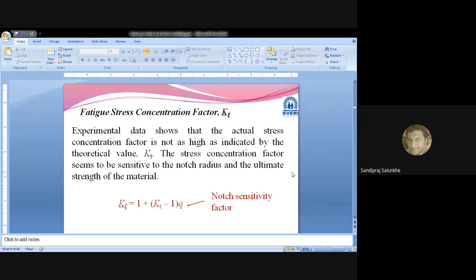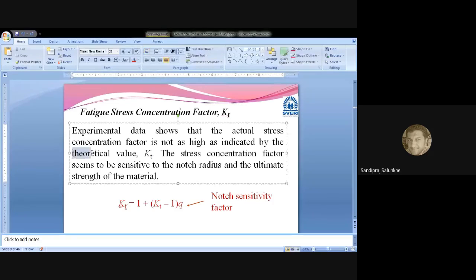Now this slide shows that the experimental data shows that the actual stress concentration factor is not as high as indicated by the theoretical stress concentration factor.